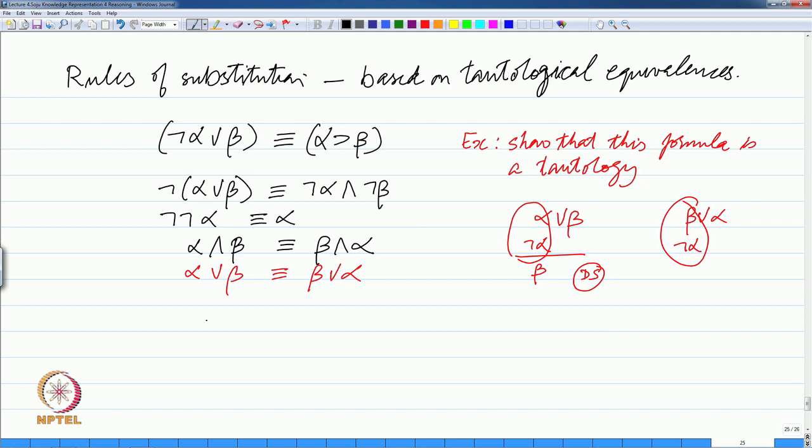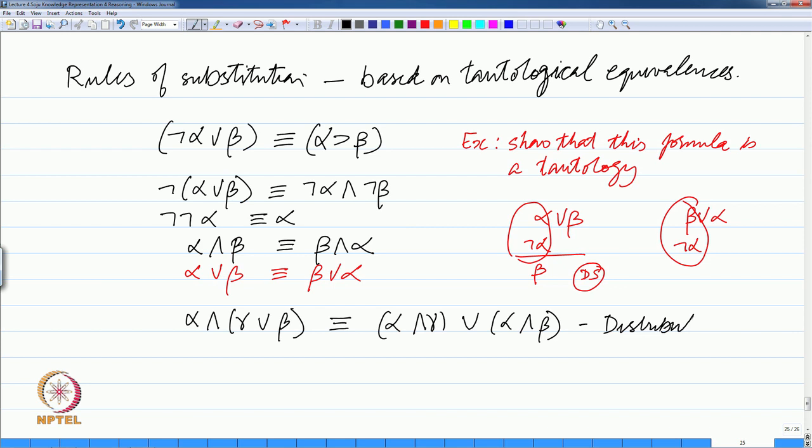And we can also have rules like alpha and gamma or beta is equivalent to alpha and gamma or alpha and beta, which is a well known distributive property.